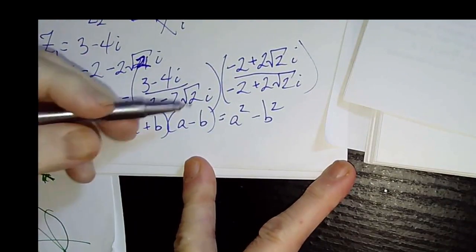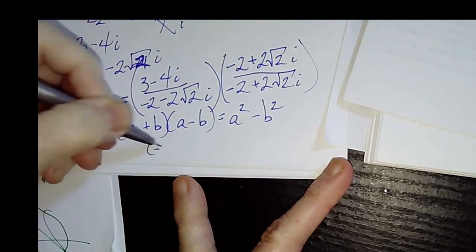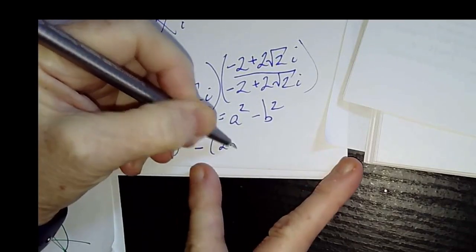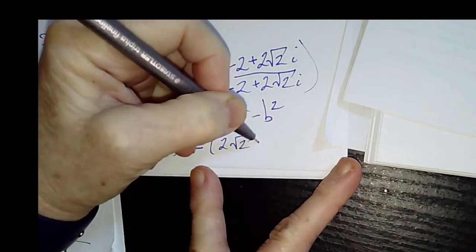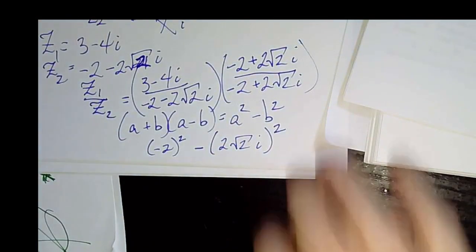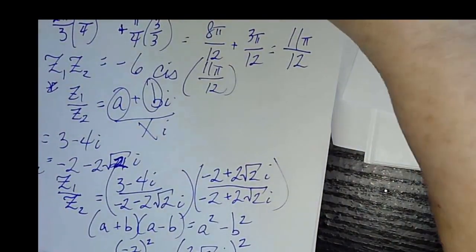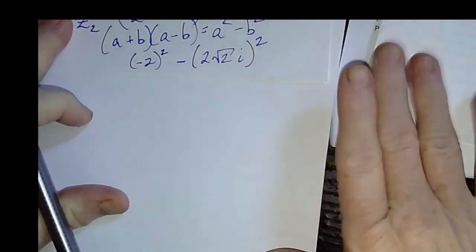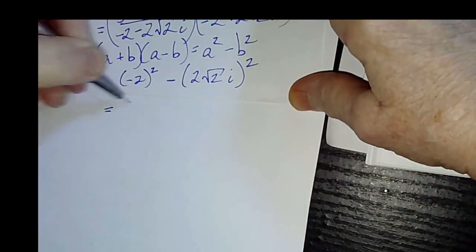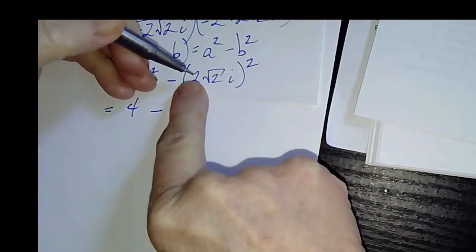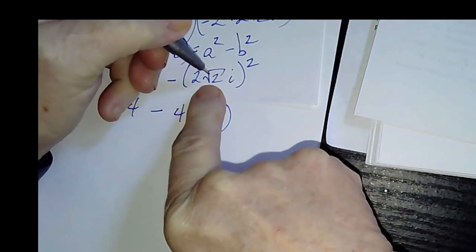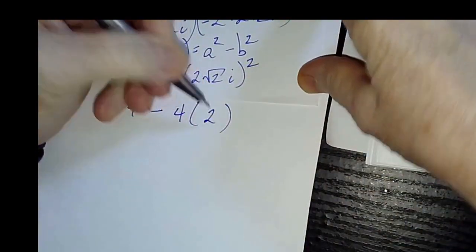So here in the denominator, we're going to have negative 2 squared minus 2 square root of 2 i squared. So that second part we're going to square carefully. Negative 2 times negative 2 is 4. Now we have 2 squared, that's 4. Square root of 2 squared is 2.